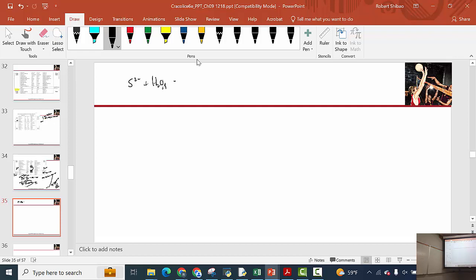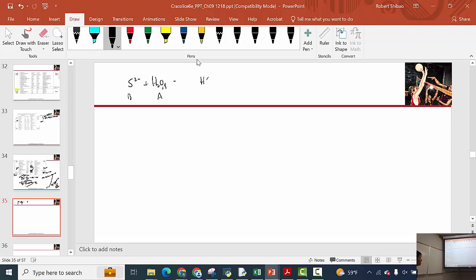Sulfide in water hydrolyzes water. Sulfide is the base, water is the acid. What forms? Okay, when we do this, we're just going to do one.